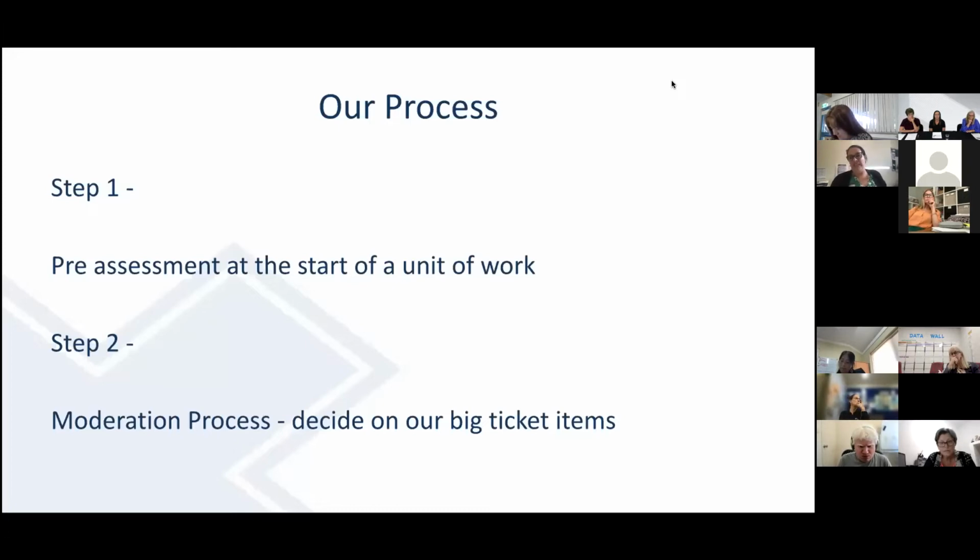For years, unfortunately, our school, as many schools, had lots of data, kept it on the system and never looked at it again. So we took away team meeting times and said, this part is really important. We want to take the time to moderate.